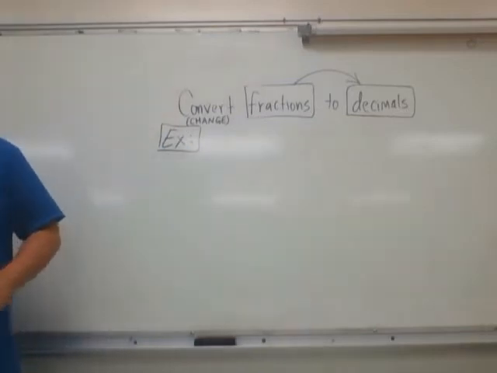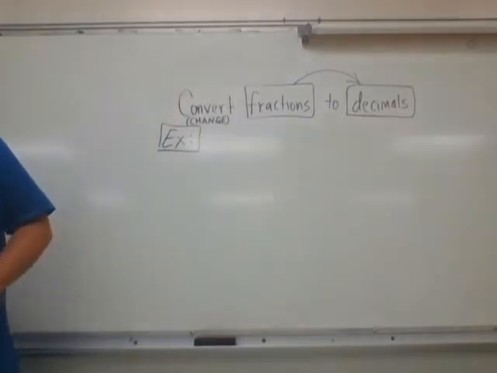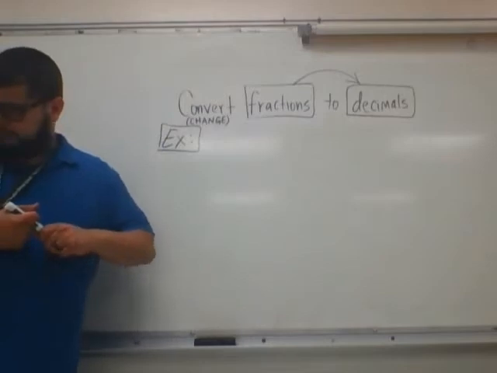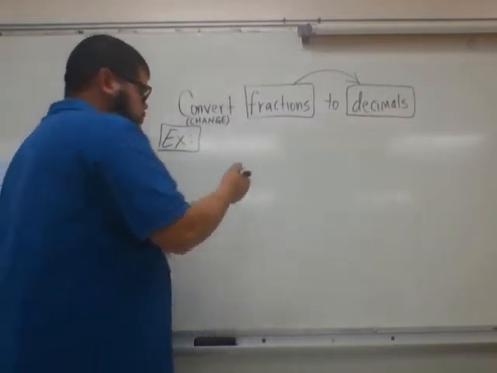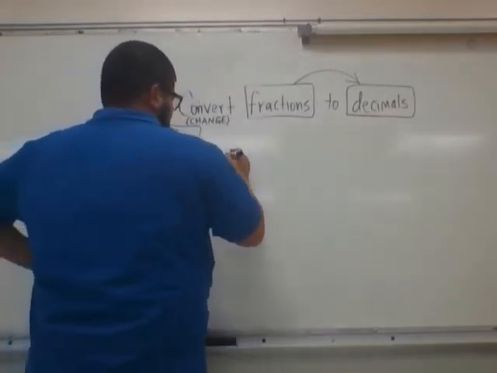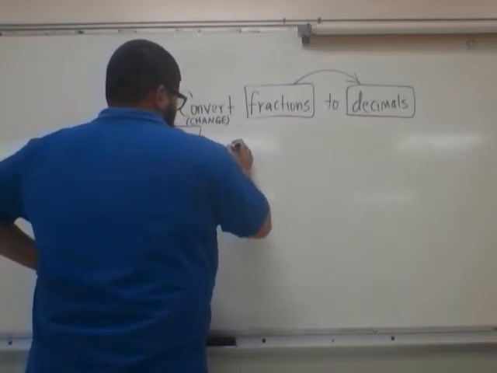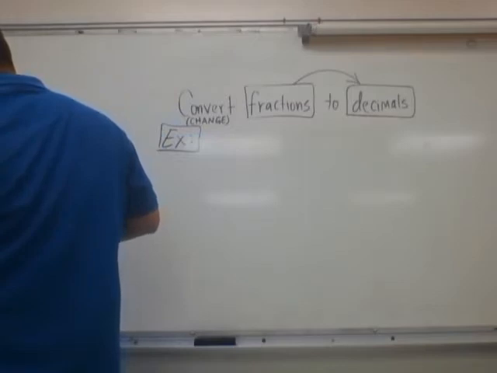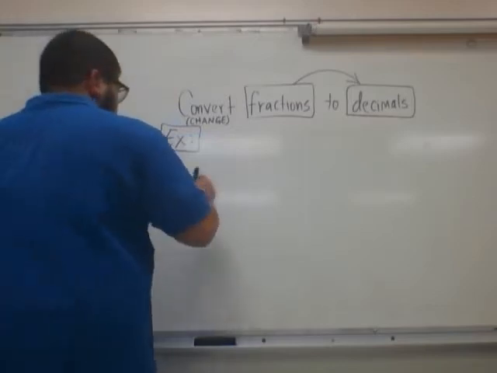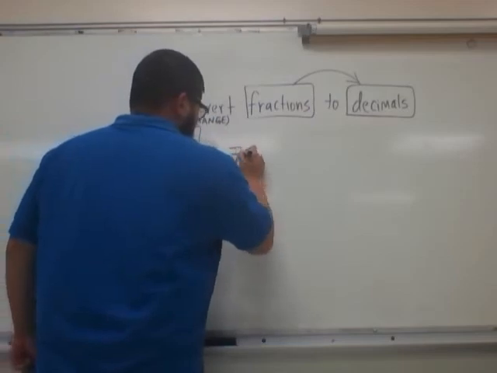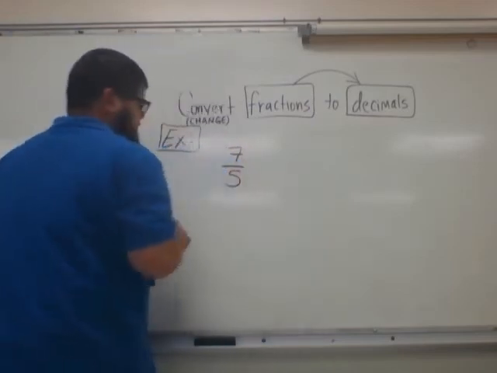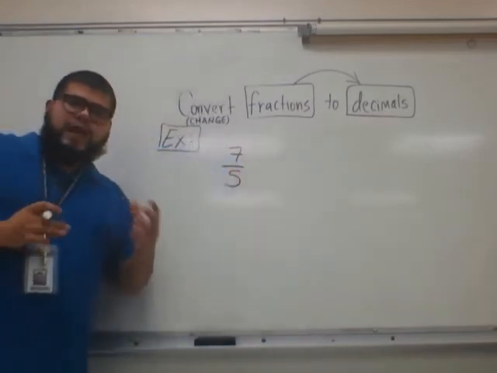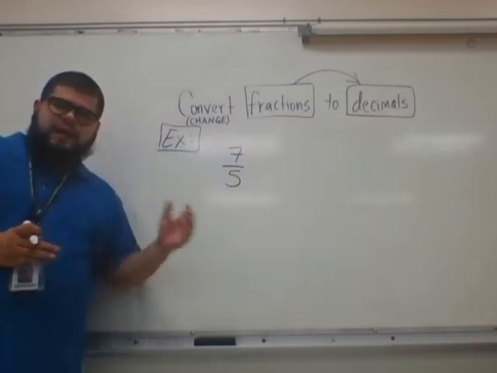Last example. Let's do 7 over 5. And notice this time we have an improper fraction.